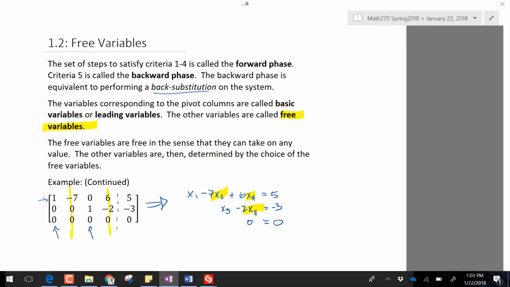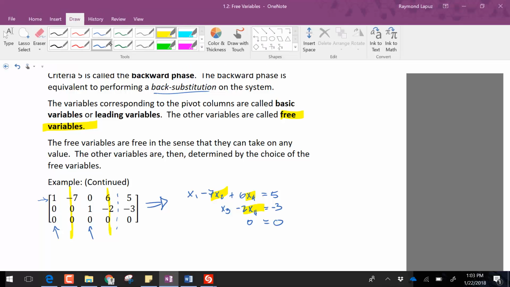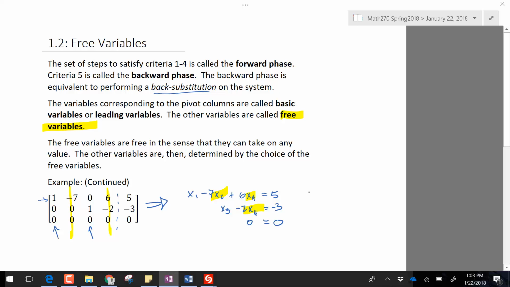So how do we say that? Well, we just say x4 is a free variable. Okay? That means we can let it equal to whatever we want. And so at this point, let's just let x4 equal x4.